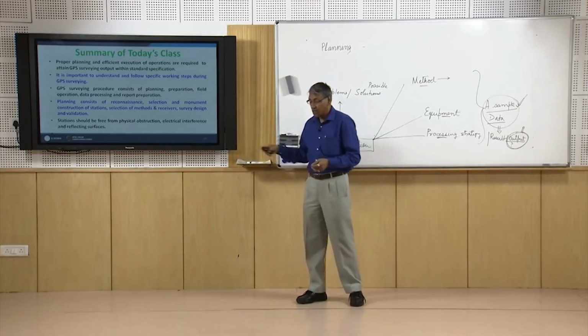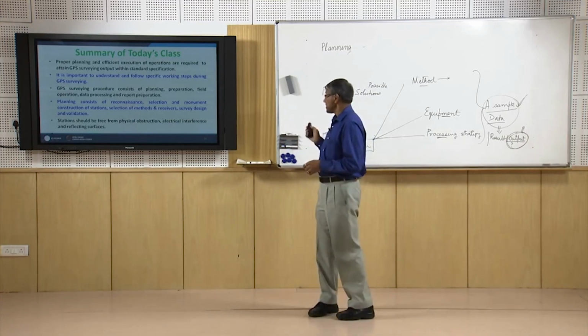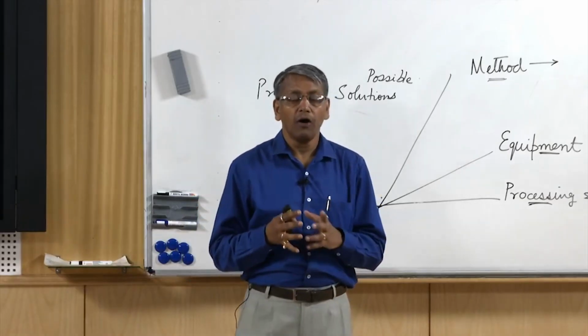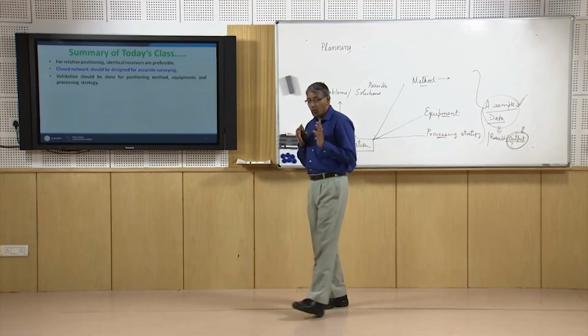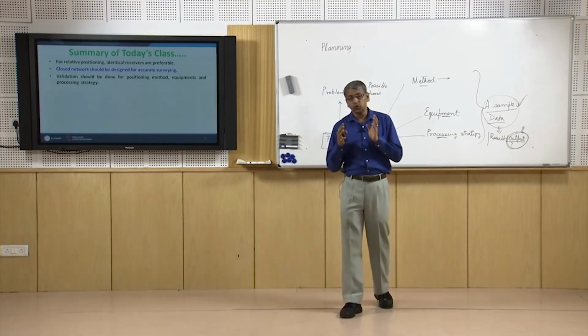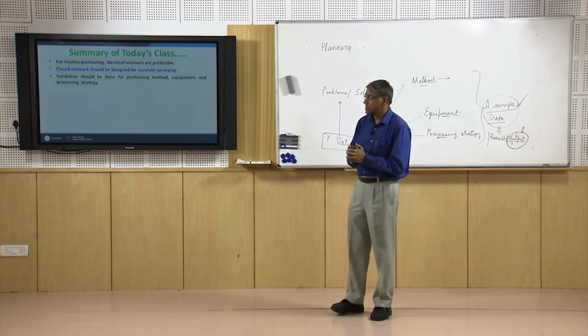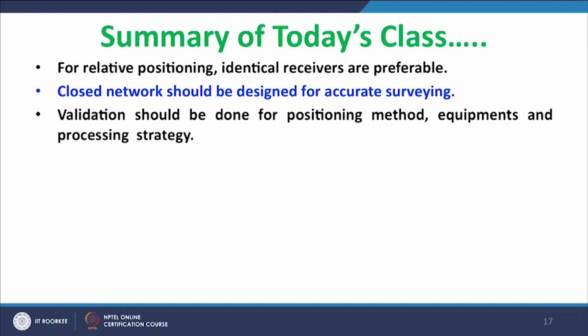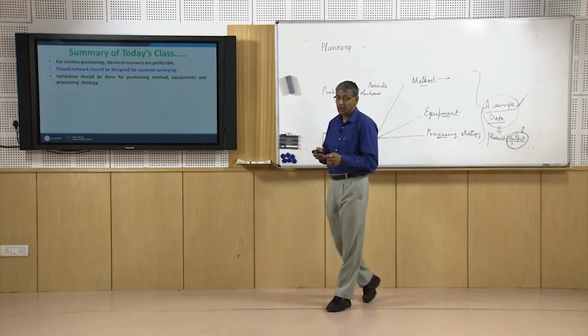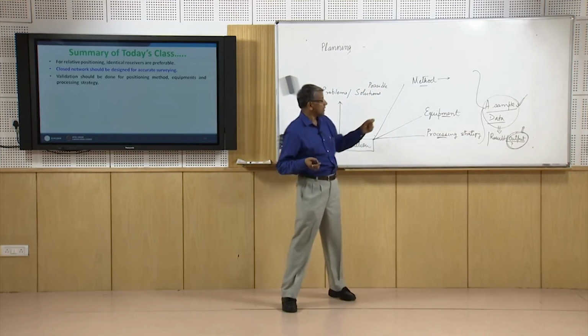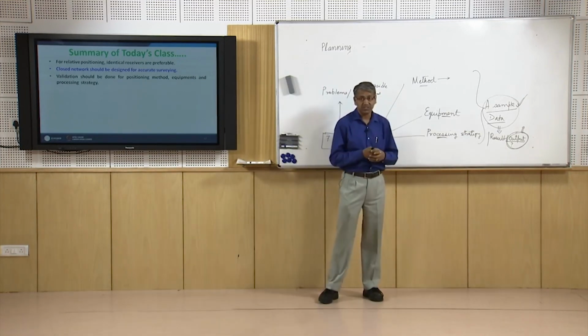In case of receiver selection, preferably we should look for receivers having identical specification, and in case of networking, we should prefer a closed network for accurate surveying. Finally, we need to complete our validation by satisfying that our output meets the standard specification, following the particular method, equipment and processing strategy.